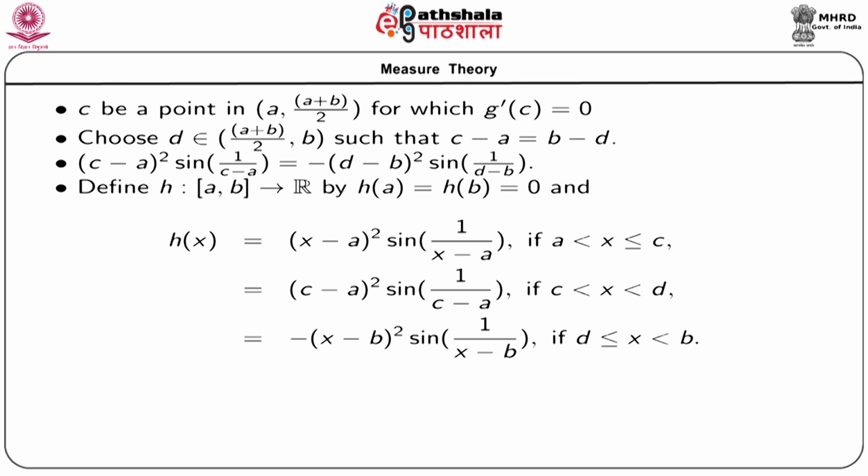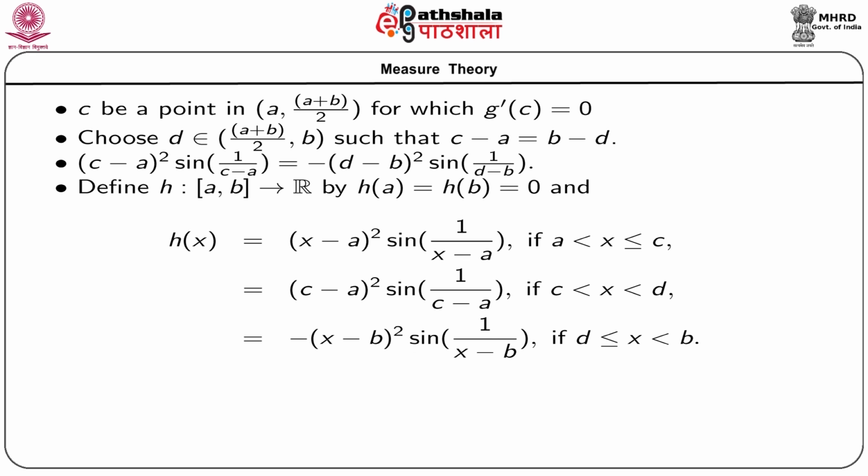Now, define a function h on the closed interval [a, b] in this way. h takes the value 0 at the end points a and b. For all points x in the open-closed interval (a, c], h(x) takes the value (x minus a) whole squared sin 1 by (x minus a).